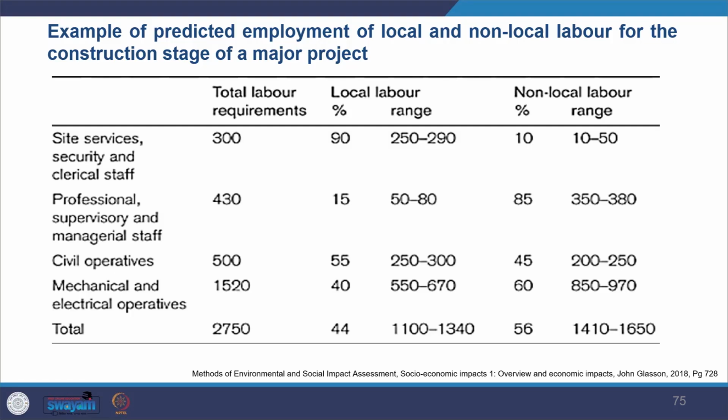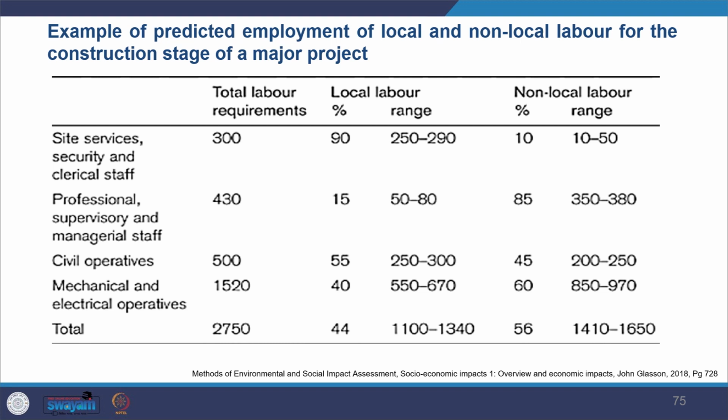So here in the table, you can again look at another example. You look at total labor requirement, and then how much proportion of that will be local labor, and how much proportion of the same total jobs would be non-local labor recruitment. And then you look at the range of jobs: site service, security, professional, supervisory, civil operators, mechanical and electrical operatives.